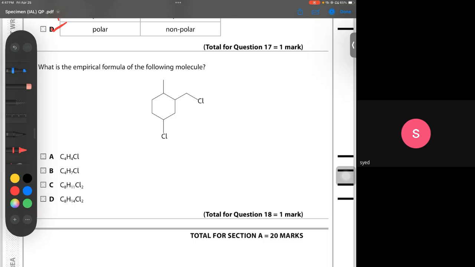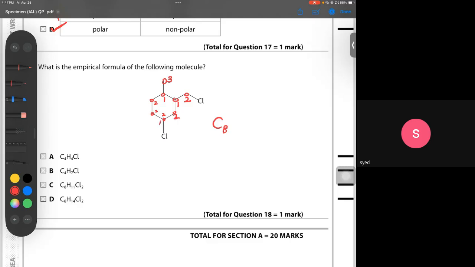First of all, you have to find out the molecular formula, then you cancel it down and you would be getting the empirical formula. So now you have to count the number of atoms: how many carbons, how many hydrogens, how many chlorines we have. I have eight carbons.